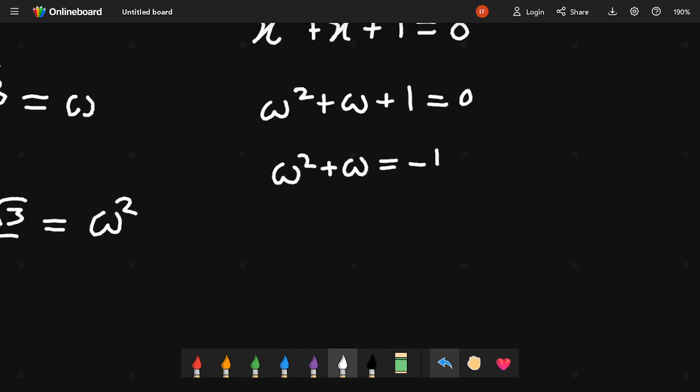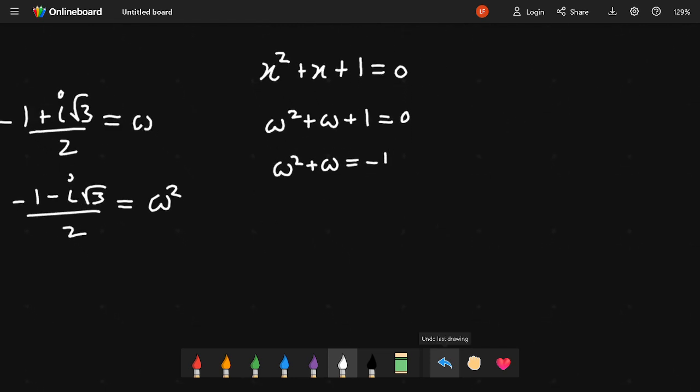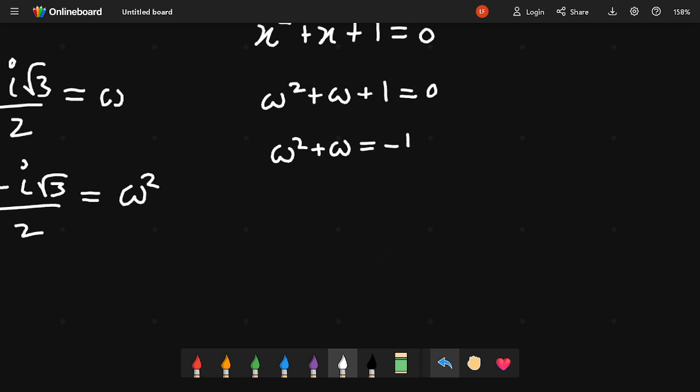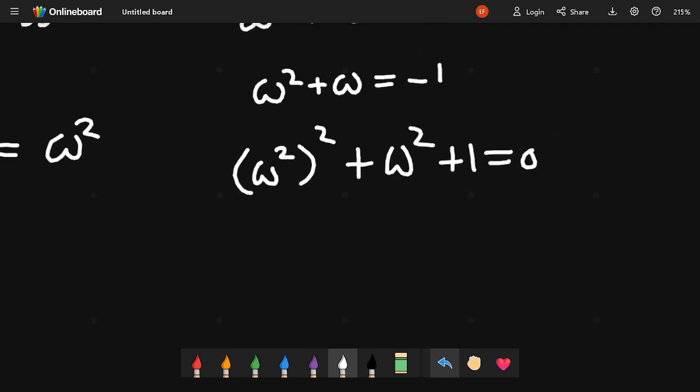And if you substitute, let's just keep this in a little box. So if you substitute omega squared, you get omega squared whole squared plus omega squared plus 1 equals 0. And from this, you get omega to the power of 4 plus omega squared equals negative 1.